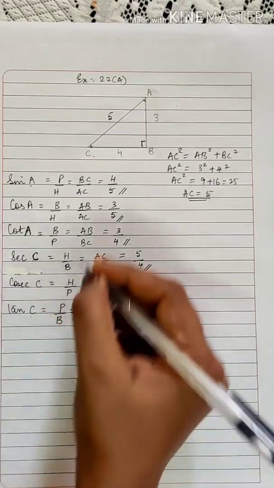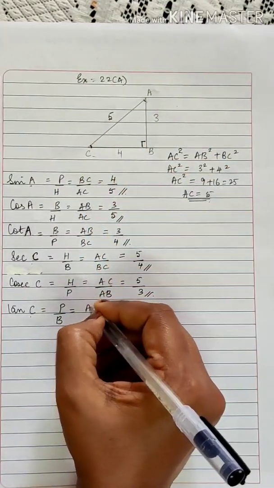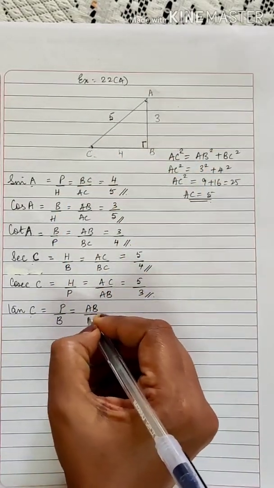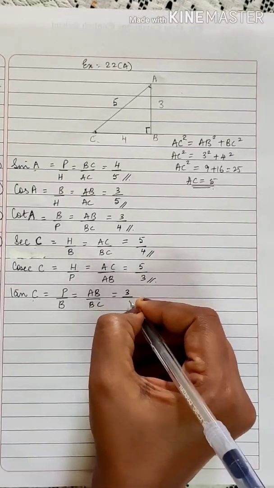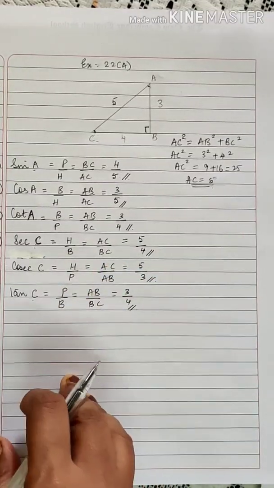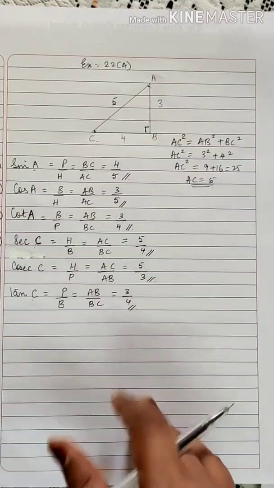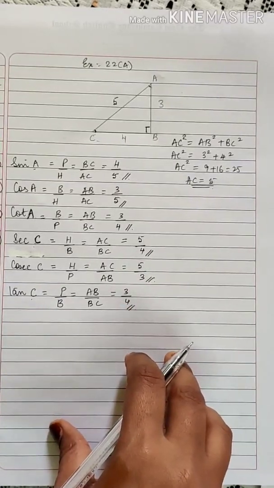Now with respect to angle C, perpendicular is AB and base is BC. So you get 3 by 4. So when the reference angle changes, the perpendicular and base change. So this is just a small example for finding out the ratio.